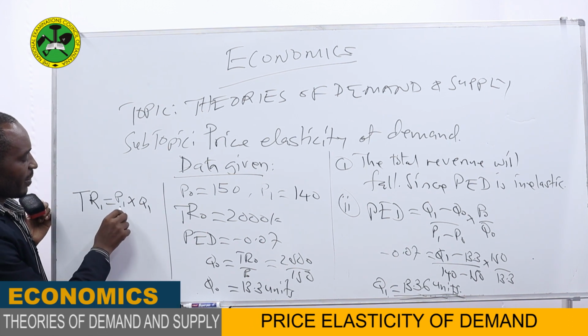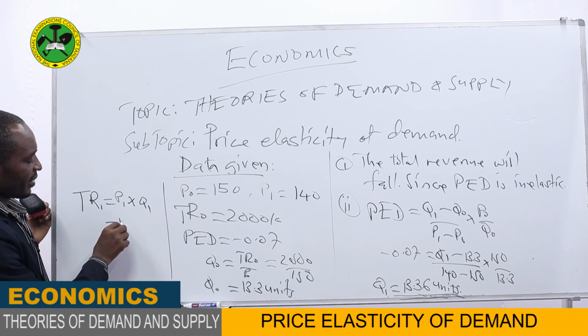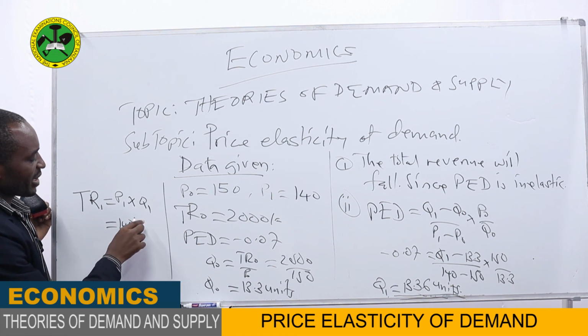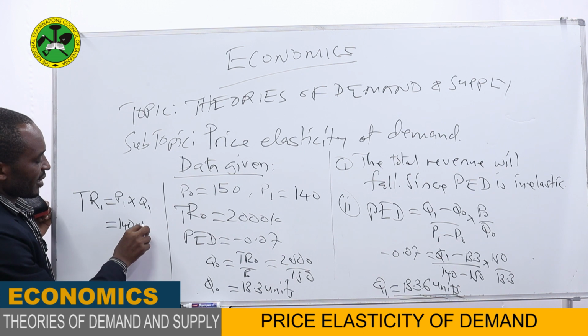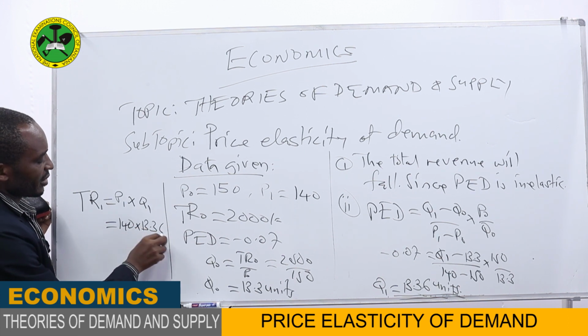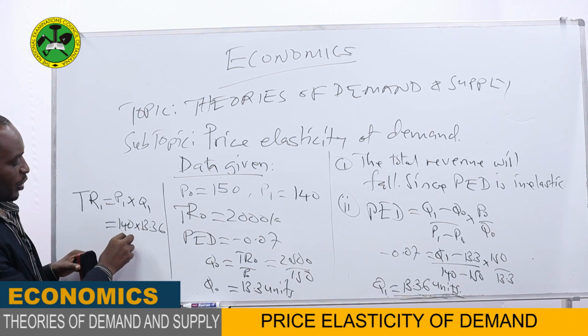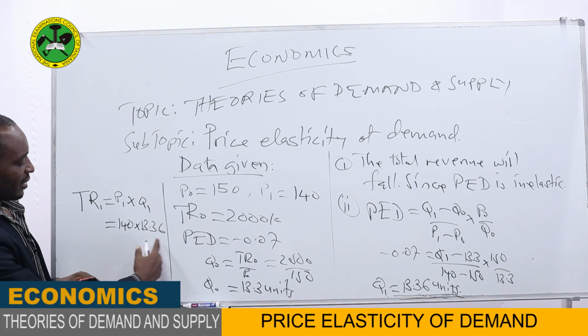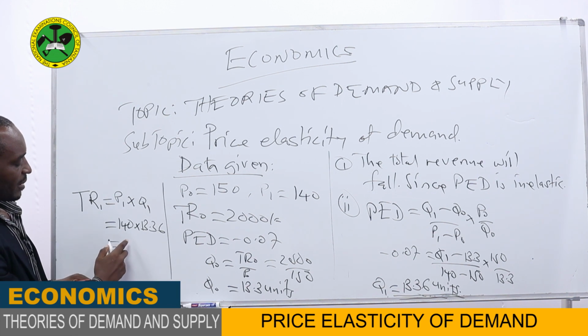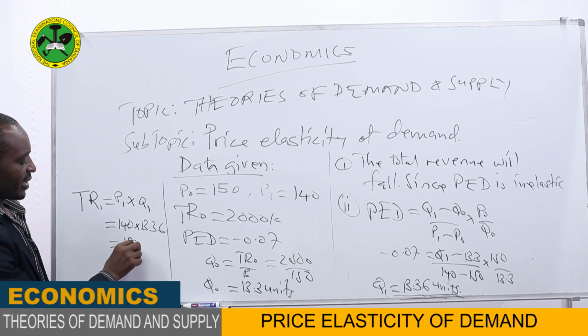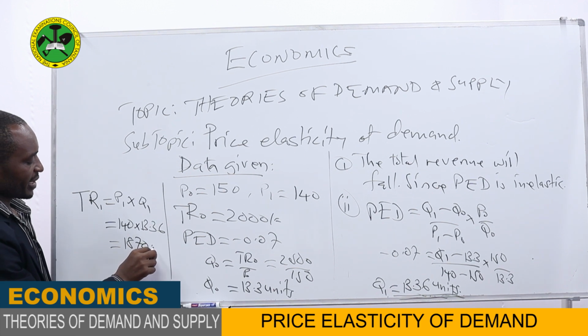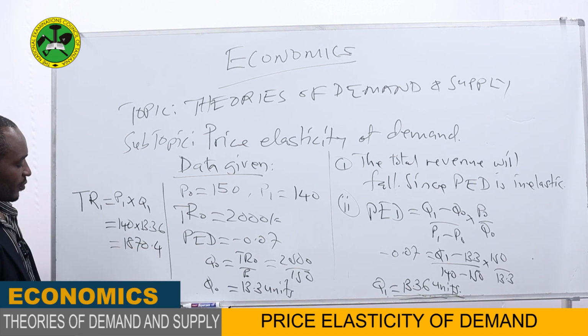So the new price is 140 times the new quantity, 13.36. When you multiply the two numbers, you'll get 1,870.4.